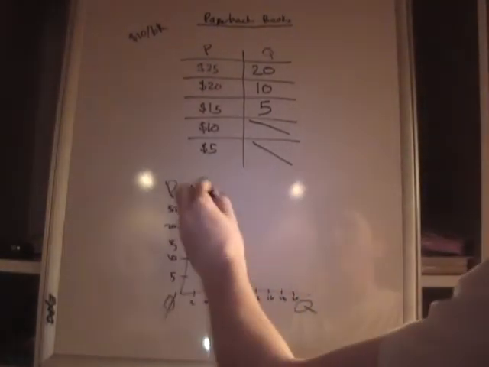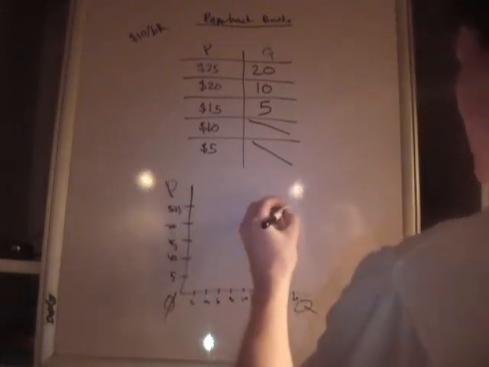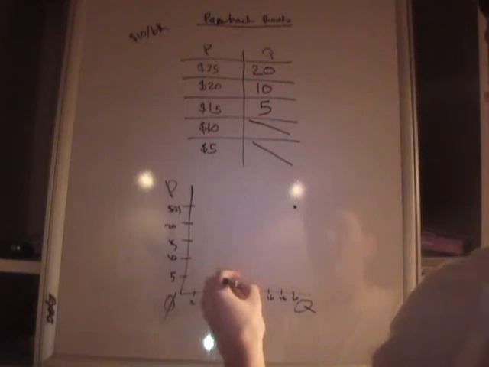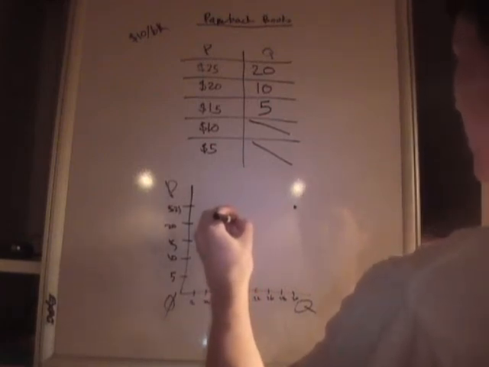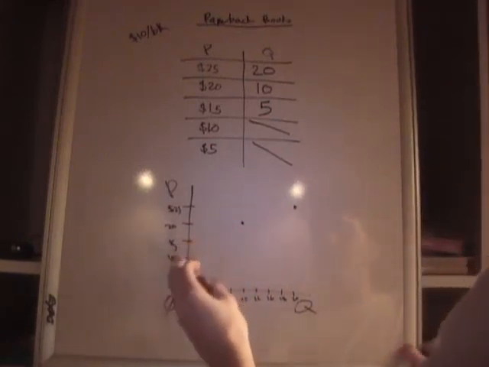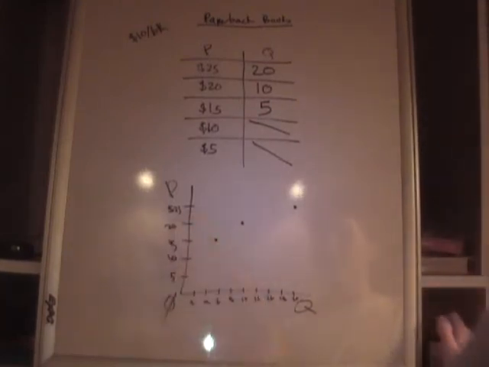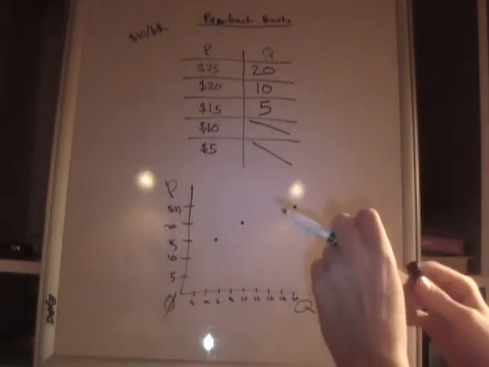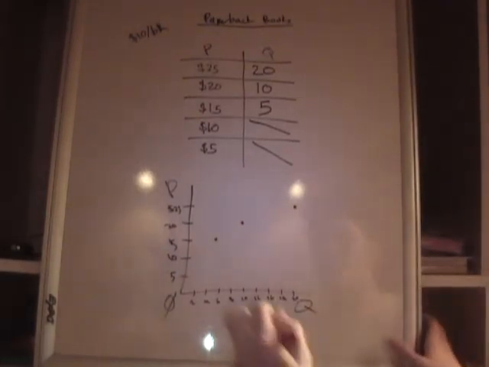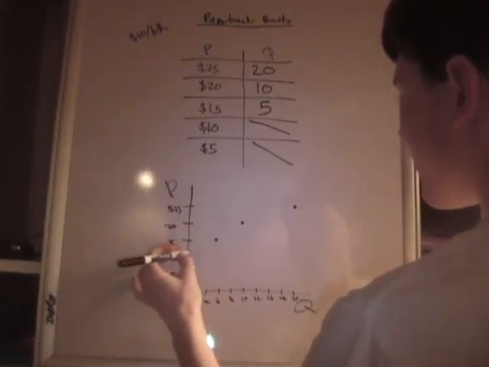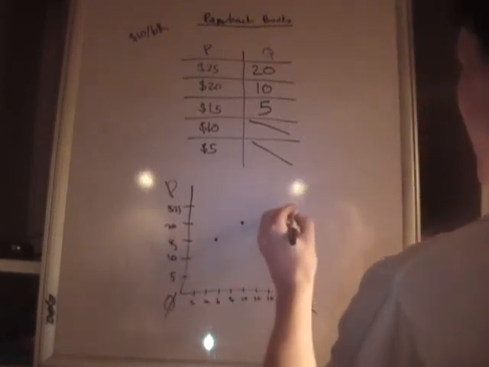At price 25, they're willing to produce 20. At price 20, they're willing to produce 10. At price 15, they're willing to produce 5. And at any price lower than that, they're not willing to produce any at all. Realistically, they would be willing to price at 11, and for the sake of everything, we'll just see where that leads us.